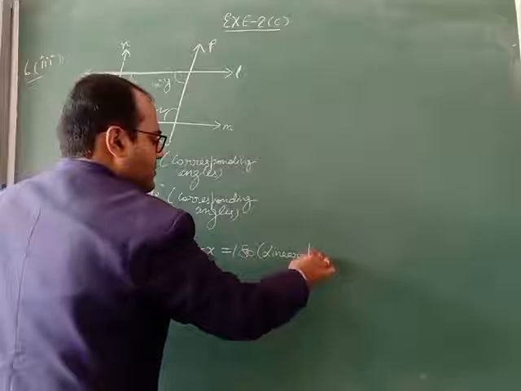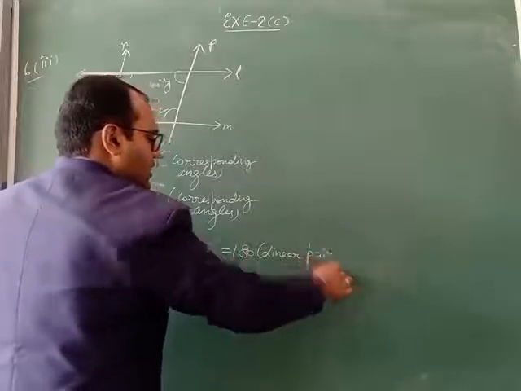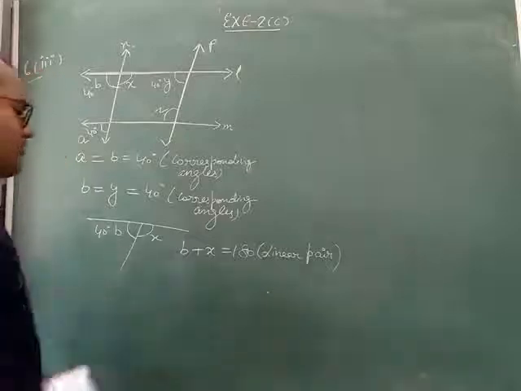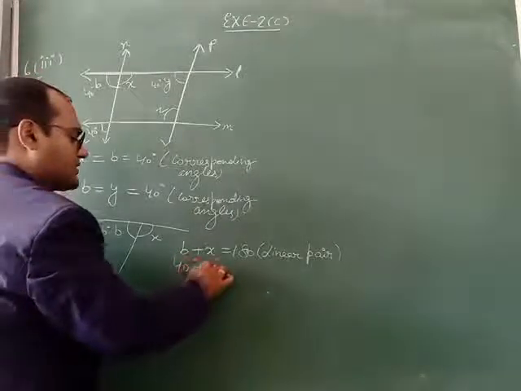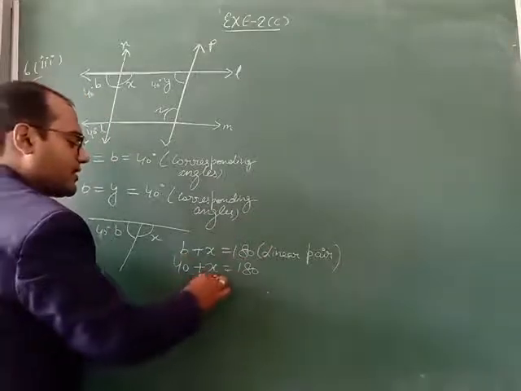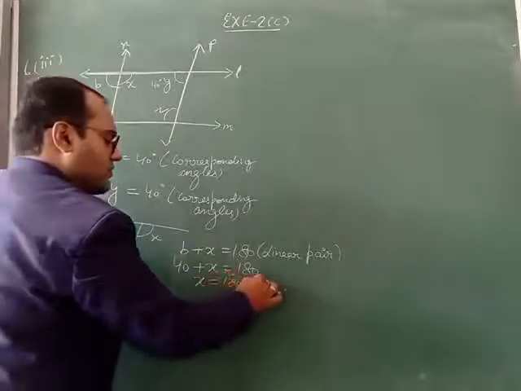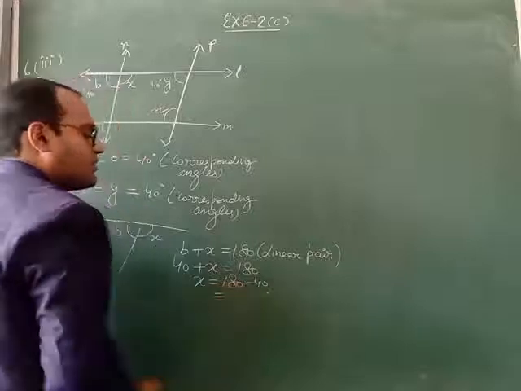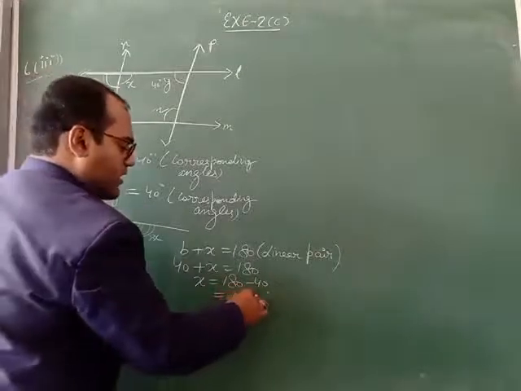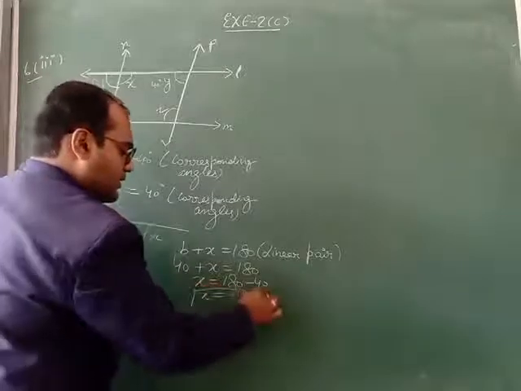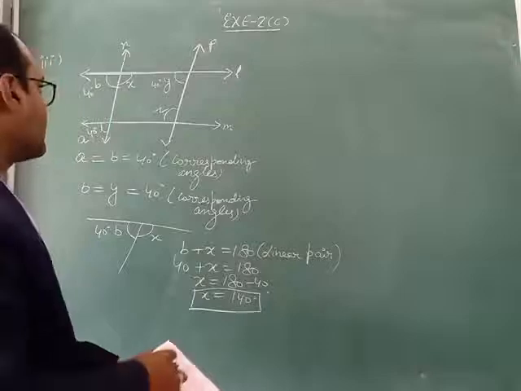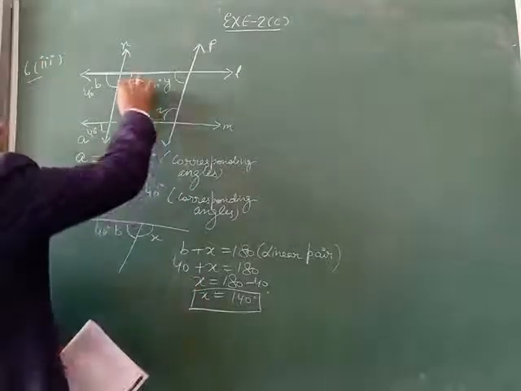Half circle, we are using the linear pair property here. B value we know, 40 plus X is equal to 180, and 40 will go to the right hand side. So X is equal to 180 minus 40. On subtracting, the answer will be 140 degree. This is your answer of X.